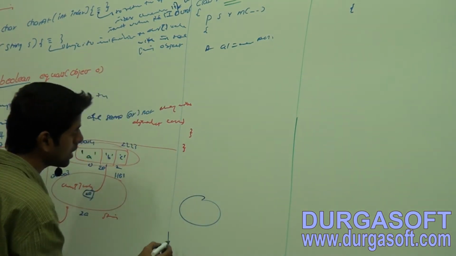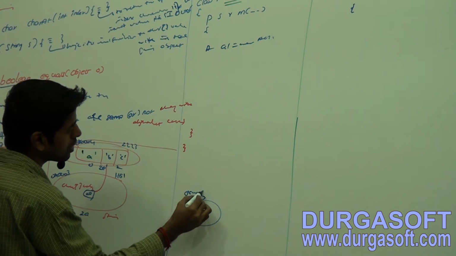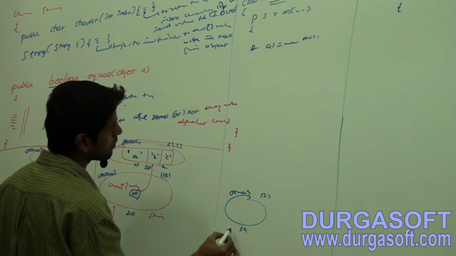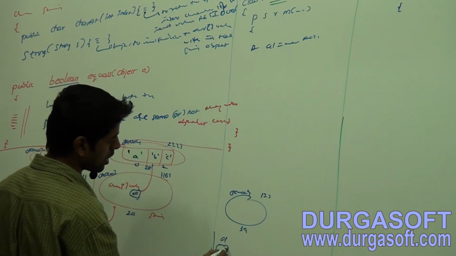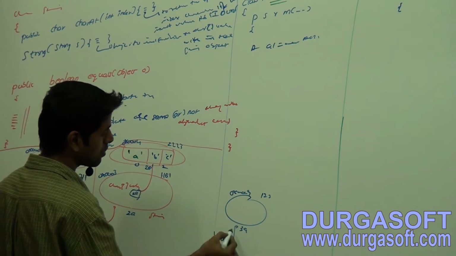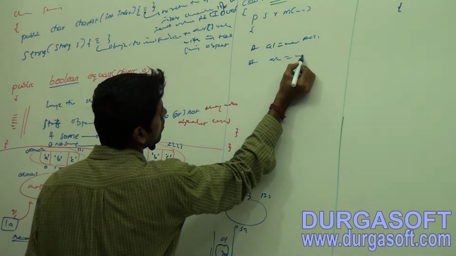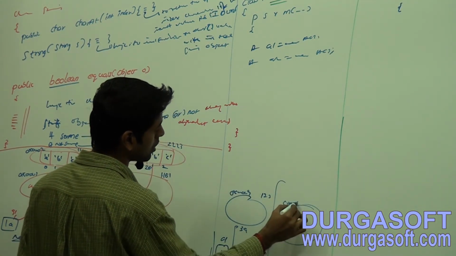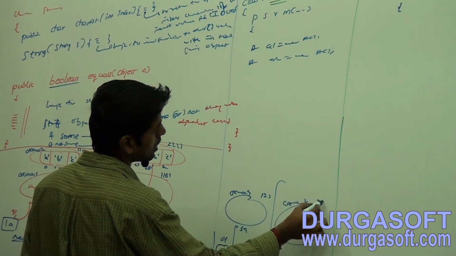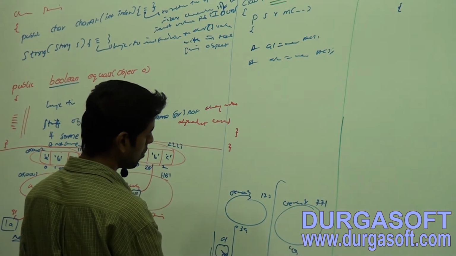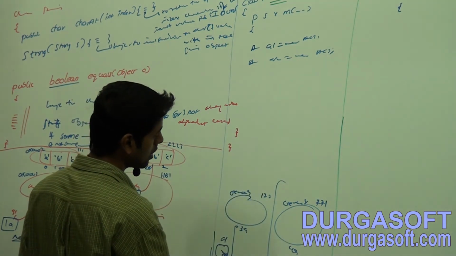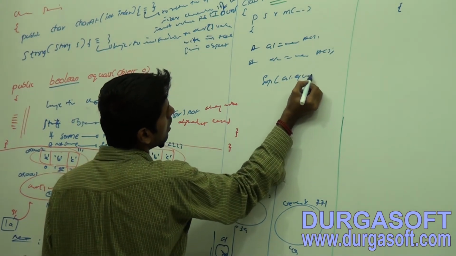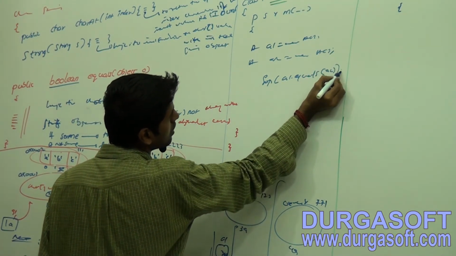An A object is created with some address 0x009, some hash code 123, and one reference value 3A, that I am copying to a1. So it will refer to this object. A a2 equals new A. Now I am going to create one more object, 0x008, hash code 771. Let it be reference value 4A, that I am copying to a2. Now SOP of a1.equals(a2).